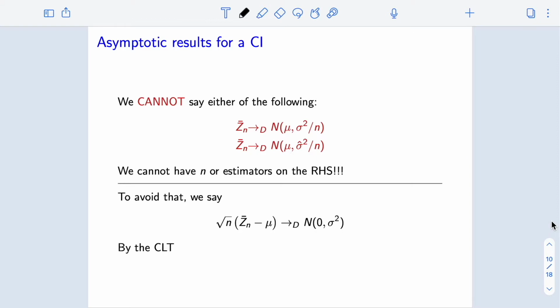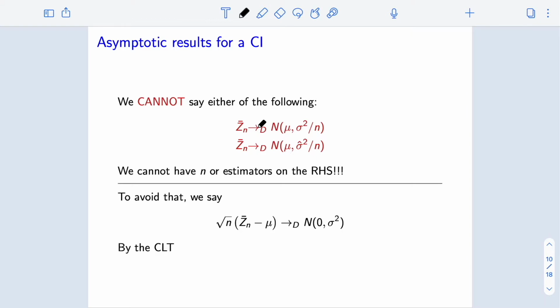People often love to try to say something like, the sample mean converges in distribution to a Gaussian with mean mu and variance sigma squared over n. This is sort of like the heuristic that I engaged with before, where rather than converges in distribution, I wrote a tilde and a dot and said, this is good for intuition, but we have to be very careful here.